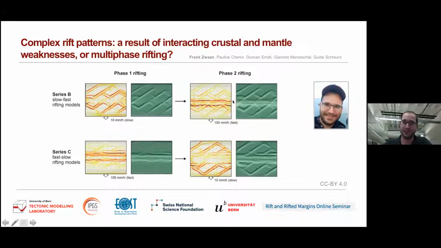And if you look from the left to the right, you can see that there are changes in the patterns in the red, which means that different faults are active at different times. And this has to do with different orientations of inheritance and with the velocity of our extension, which is slow, for instance, or fast. This said, I would like to dive into this presentation.